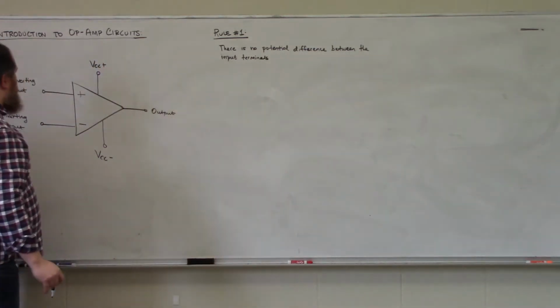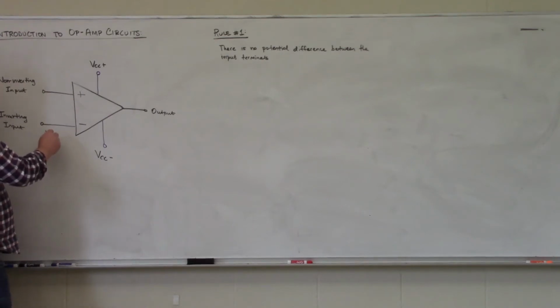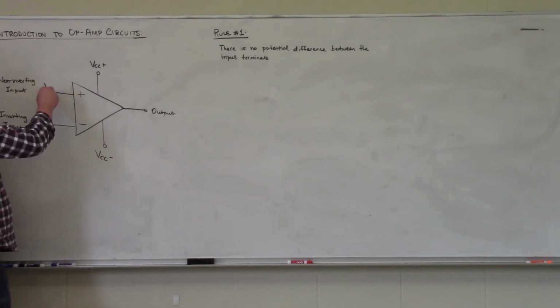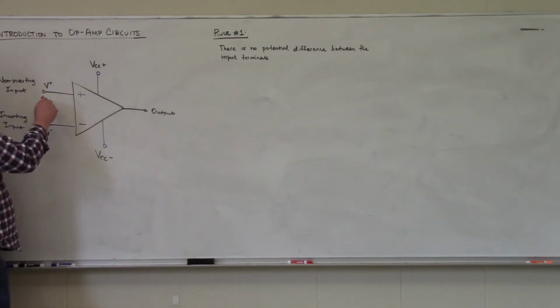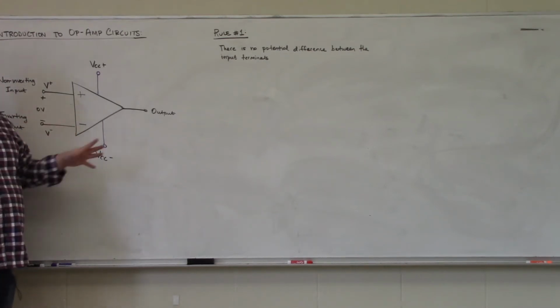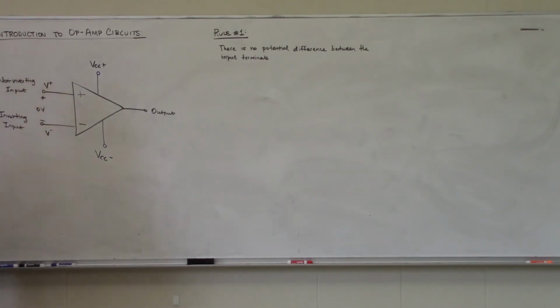So what that means is that if we apply a voltage, let's call it V minus, at the inverting input terminal, this voltage V plus, the voltage at the non-inverting input terminal, has to be the same voltage. Another way to describe this is that there is a 0 volt potential difference between these two terminals. Now, technically, this is only true whenever we have a negative feedback circuit. And I'll explain what that means in just a moment when we work an example problem.